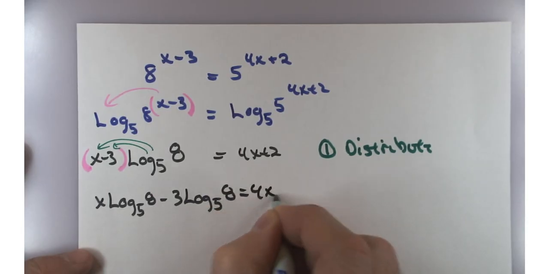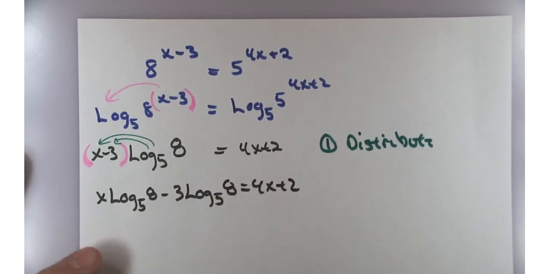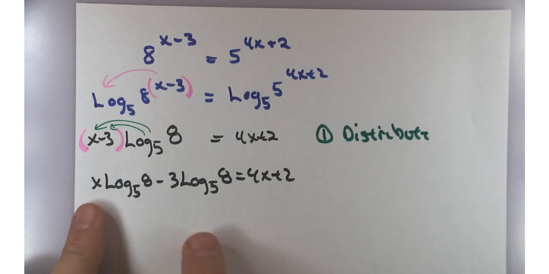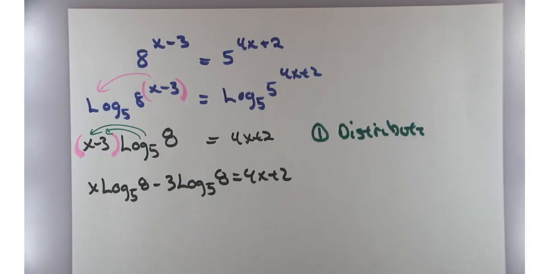Right-hand side didn't change, so we're going to leave that alone. Now I do want to get the variables on one side. For me, it looks like the left-hand side would be easier to put the variables on. So I'm going to move the variable terms to the left-hand side and the constant terms on the right-hand side.